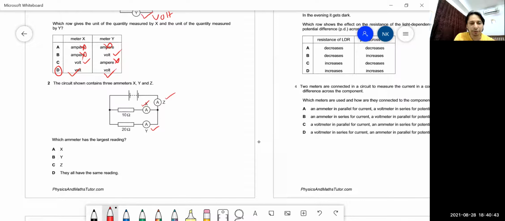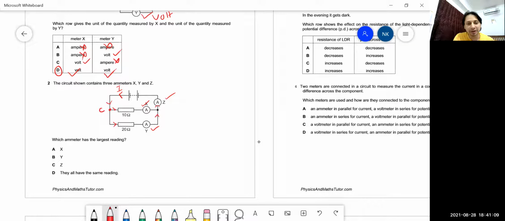In such questions, students, always draw that the battery has produced a current I ampere, and when the current reaches this junction point, suppose this is point C, the current divides. Some current will go to this side, some to this side, but whatever current is produced by the battery, the same current finally returns back and will pass through ammeter Z.